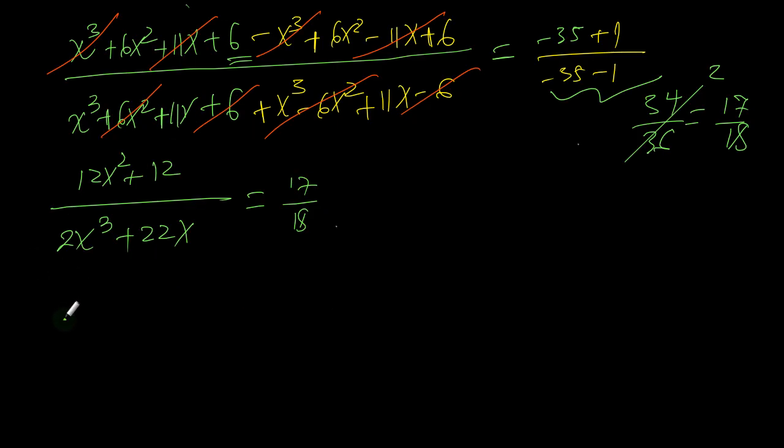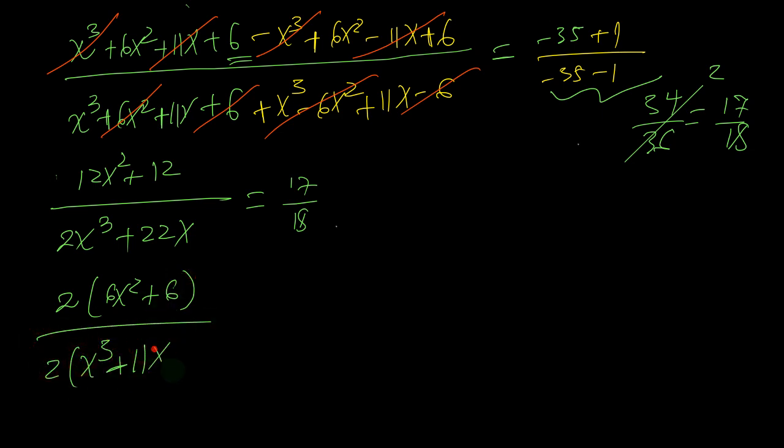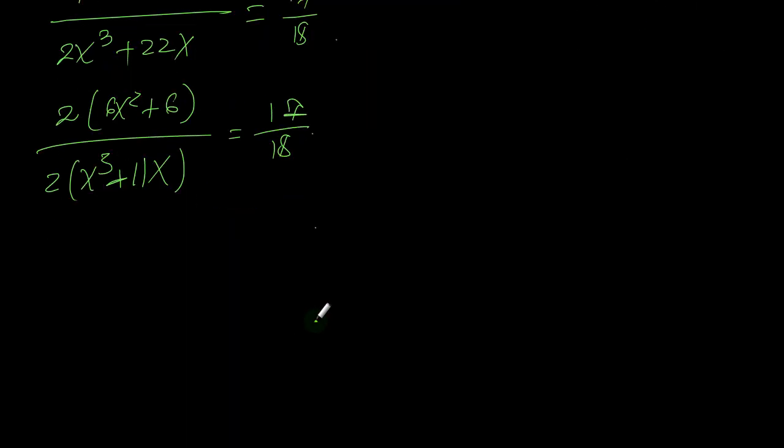From here, simplifying this expression by 2 and this by 2, we have 2 multiplied by 6x squared plus 6, divided by 2x to the 3 plus 11x, equals 17 divided by 18. Now this one is going to be 1 dividing, this goes with this one, so we have 6x squared plus 6 divided by x to the 3 plus 11x equals 17 divided by 18.